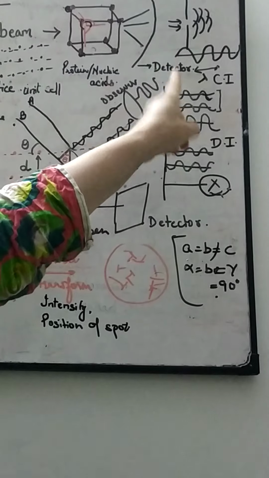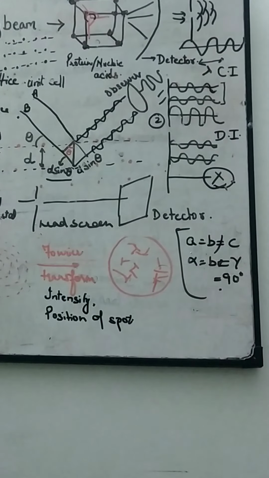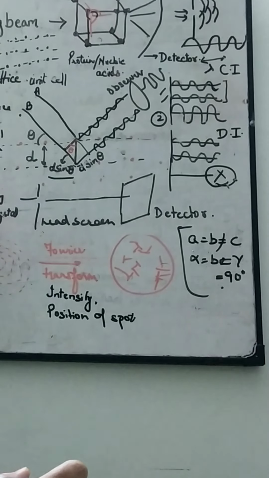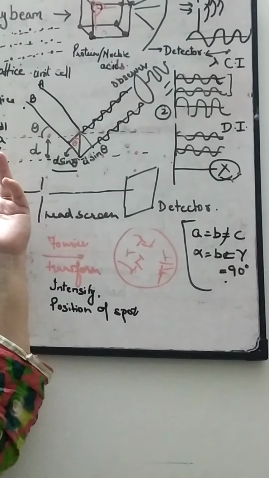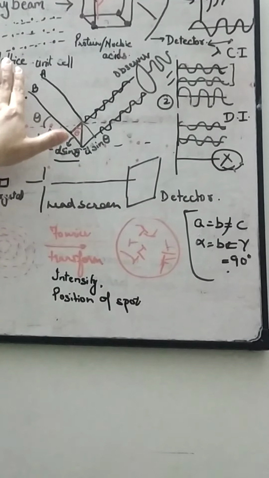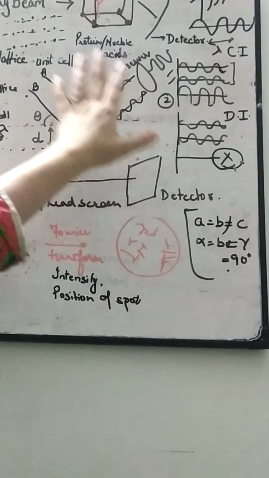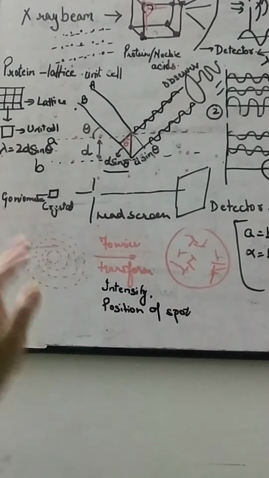When it has to be in constructive interference, an integer multiple of the wavelength should be equal to 2d sine theta. This is the condition for Bragg's law. This condition needs to be satisfied whenever we have to carry out constructive interference and, in turn, the X-ray crystallography of any crystal.